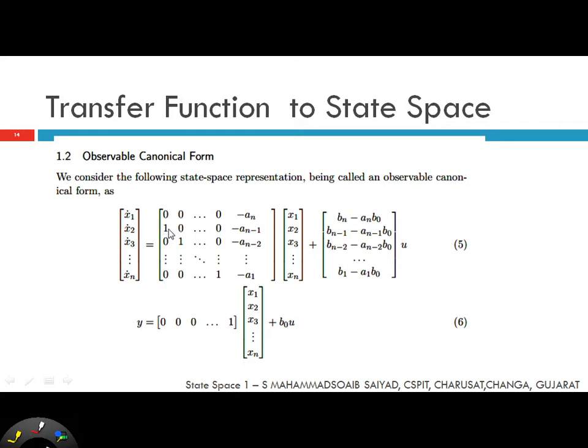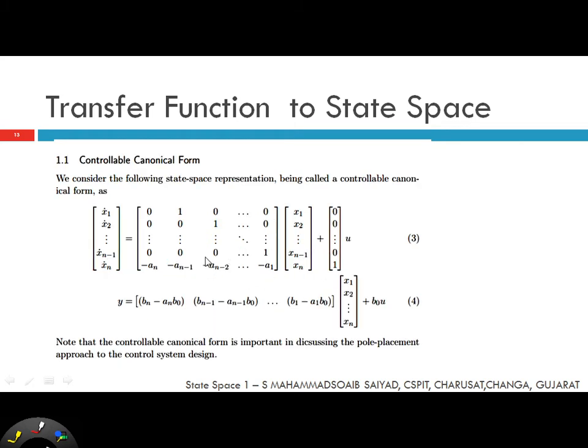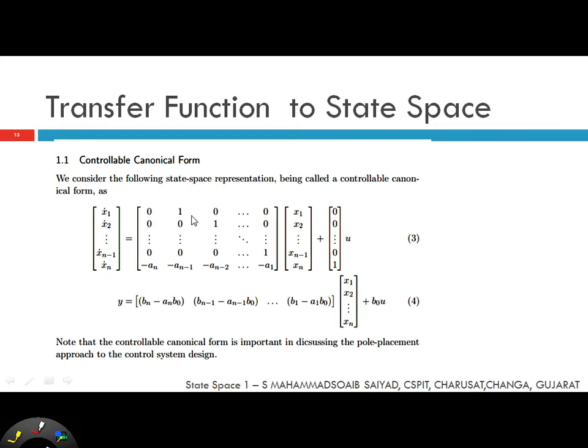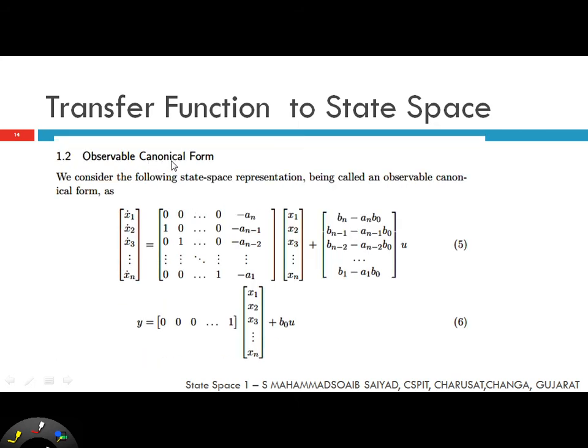Again, minus en was over here, so this will be coming over here, minus e1 will be coming over here. So minus en, and these quantities are over. The row matrix will become a column matrix, and the column matrix will become a row matrix.